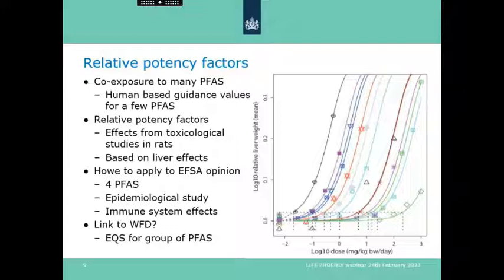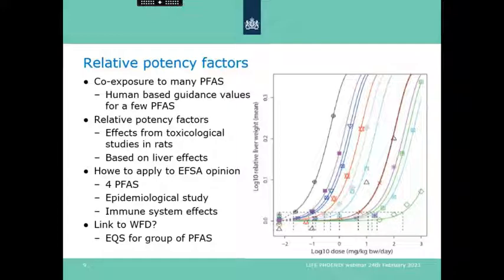So we also developed a kind of system in which other PFAS were scored against PFOA. So we derived relative potency factors that actually compare the relative toxicity to a standard for which you know quite a lot, and the standard in this case is PFOA.